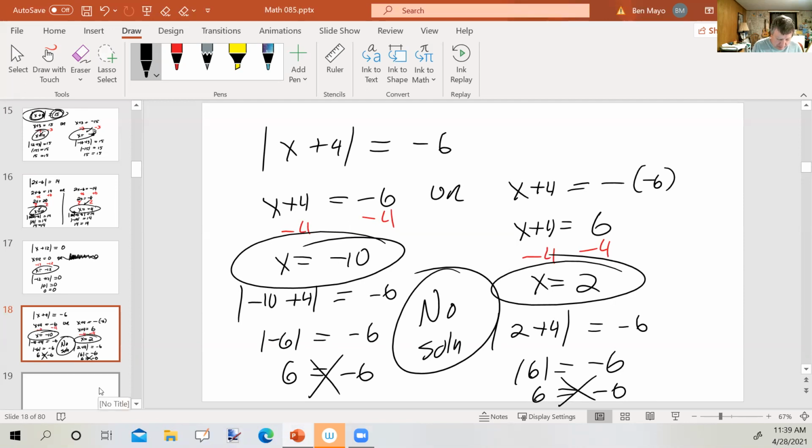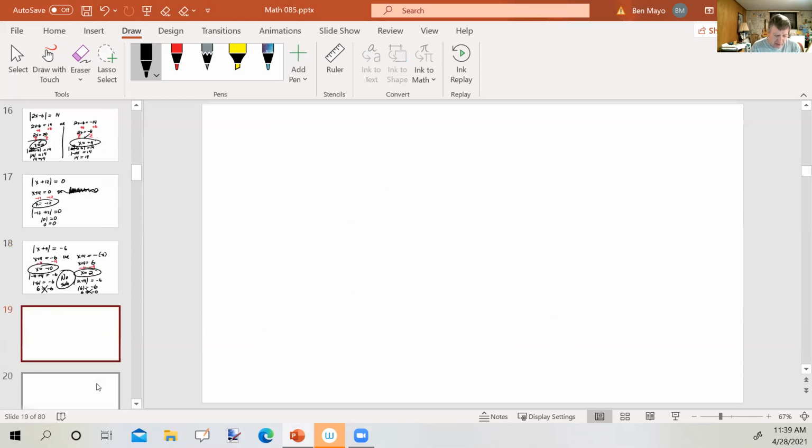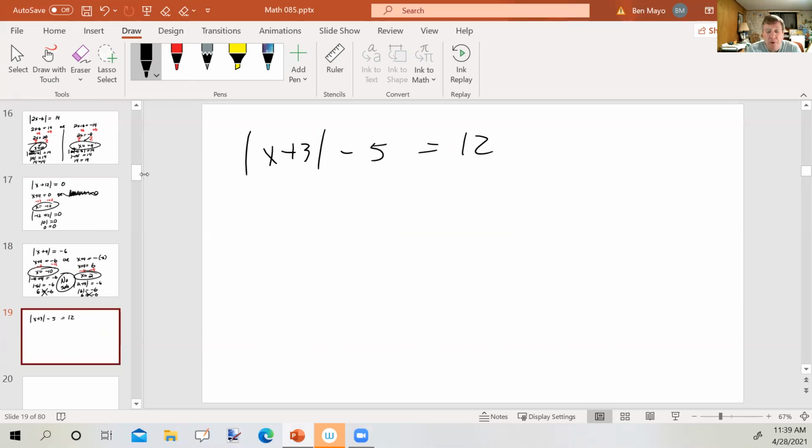All right. So now let's talk about something that I didn't mention before. Let's say we've got the absolute value of x plus 3, and then -5 equals 12. Before you produce the potential equations without the absolute value bars, you always want to isolate the absolute value term first.